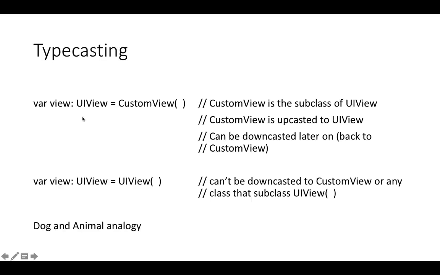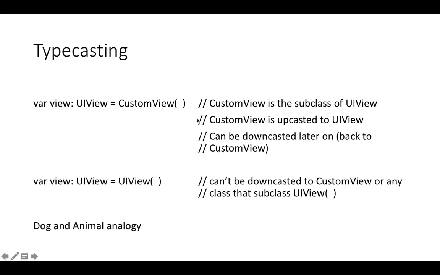What is happening here is that the CustomView is upcasted to UIView before being assigned to view. Okay, if this analogy may help, I will treat CustomView as a dog and UIView as an animal.